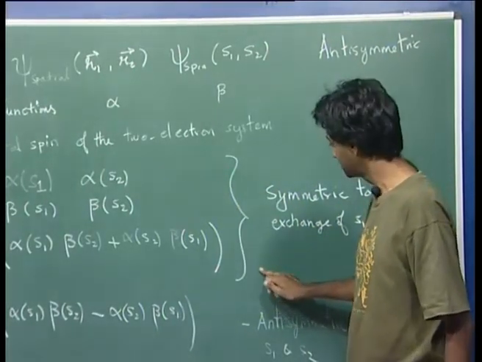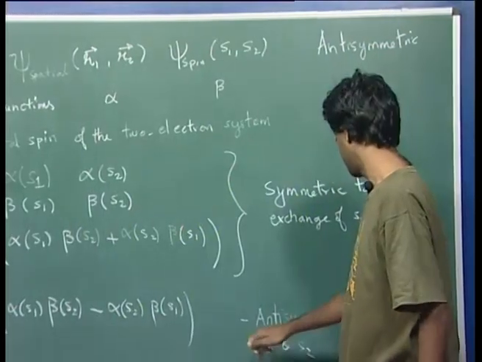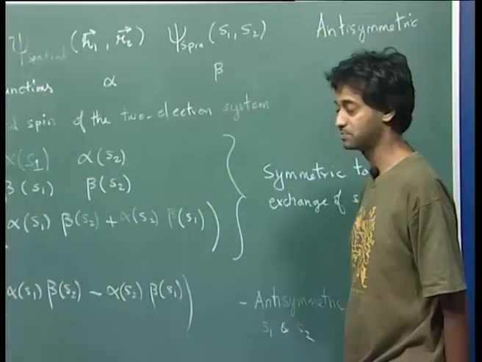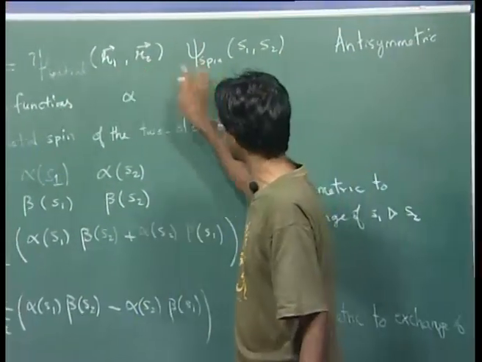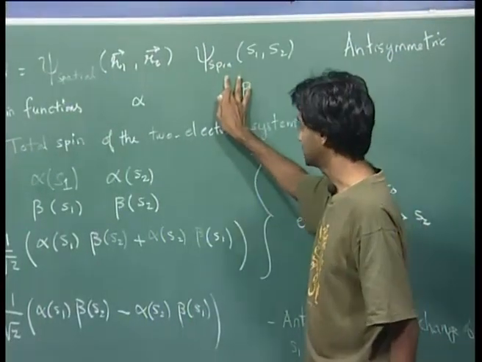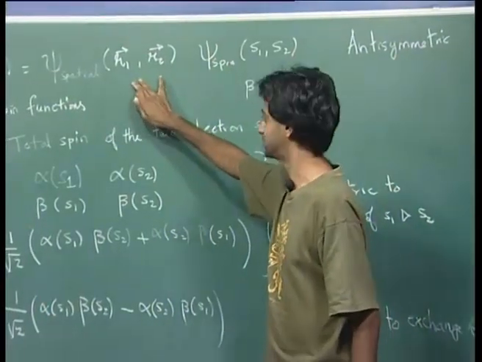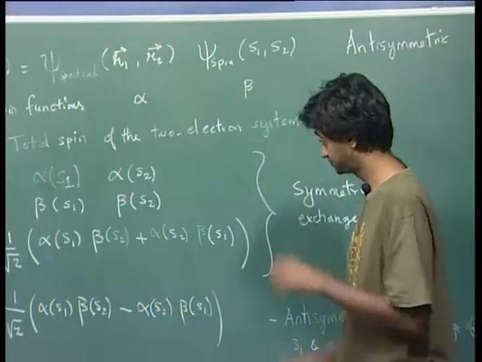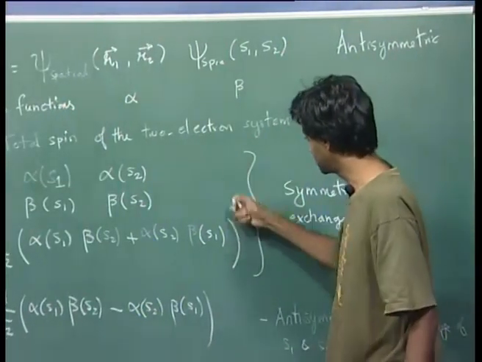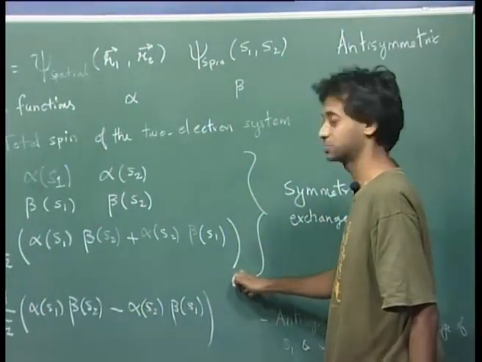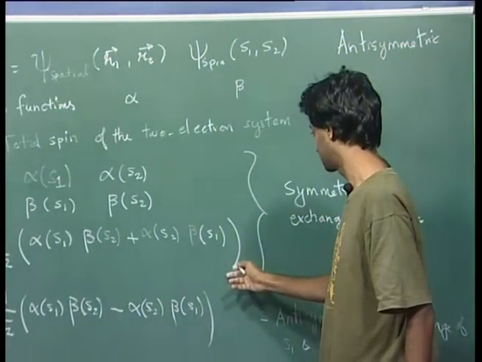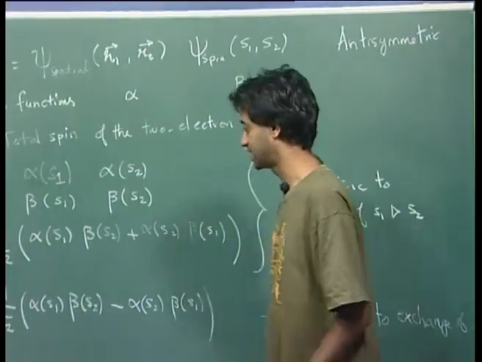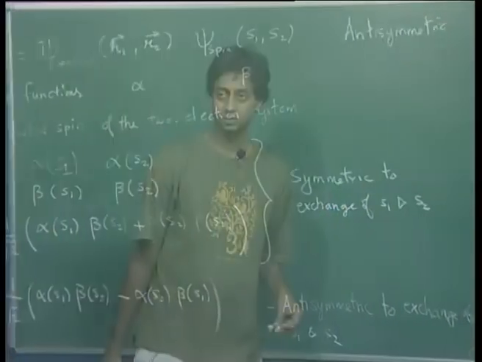Okay. And if you take a spin part to be antisymmetric, the spatial part has to be symmetric. So since this product has to be antisymmetric, okay, that means one of these has to be antisymmetric, the other has to be symmetric. Okay. Now there are three choices of taking symmetric spin functions, and there is only one choice of an antisymmetric spin function.